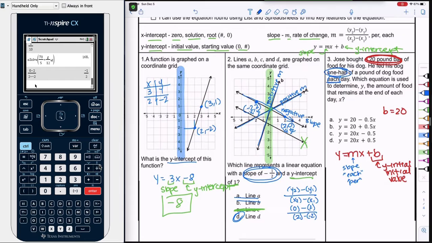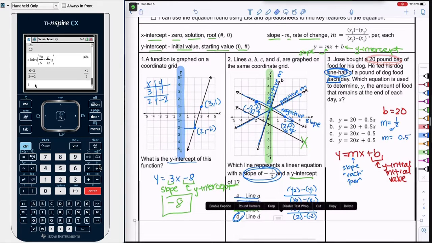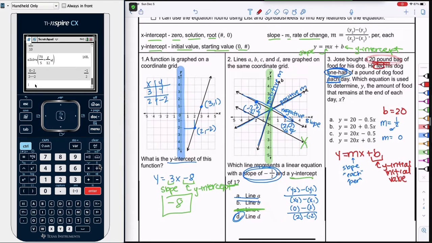And 1/2 is a fraction, so m is 1/2, or you can write it as m equals 0.5. But the thing we have to pay attention to is the word fed, which means that's a negative number. You're eating the food, so the food's disappearing. So it's negative.